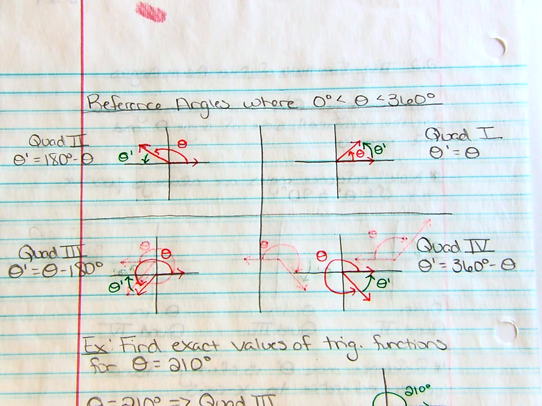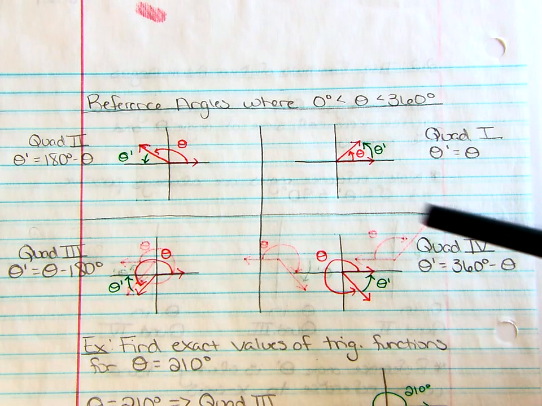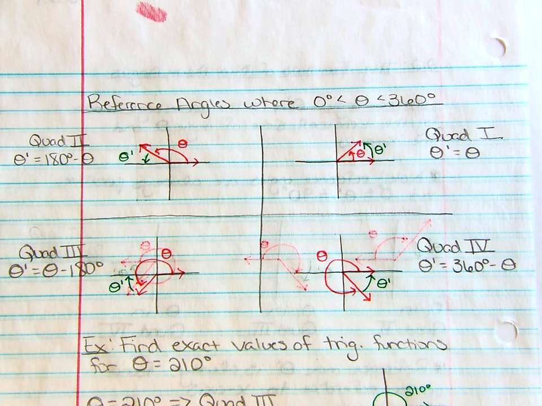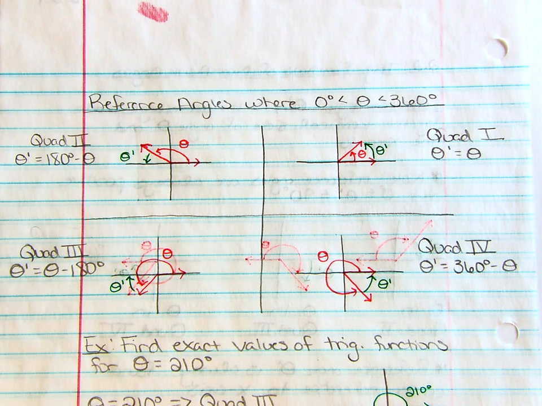But this is a good little diagram to help show you what's happening, and I laid it out inside of the Cartesian coordinate system so that in quad 1, you're really not doing anything because your theta is automatically your reference theta or your reference angle, and that's because everything in there is already acute.